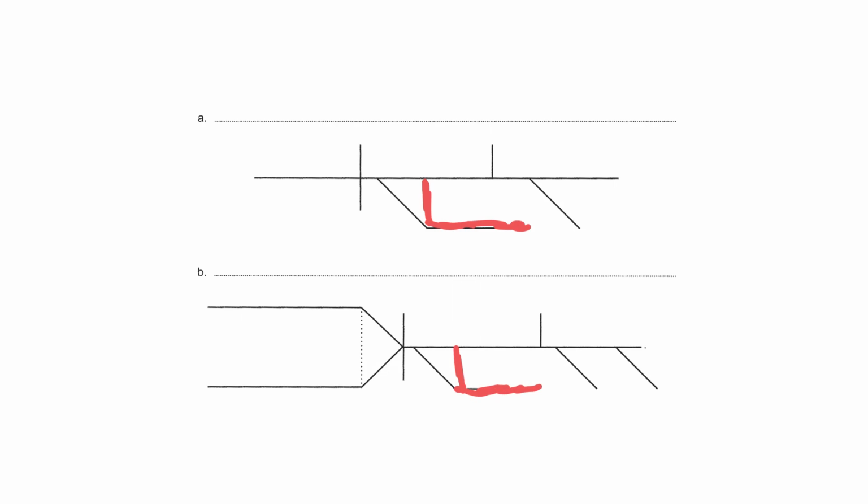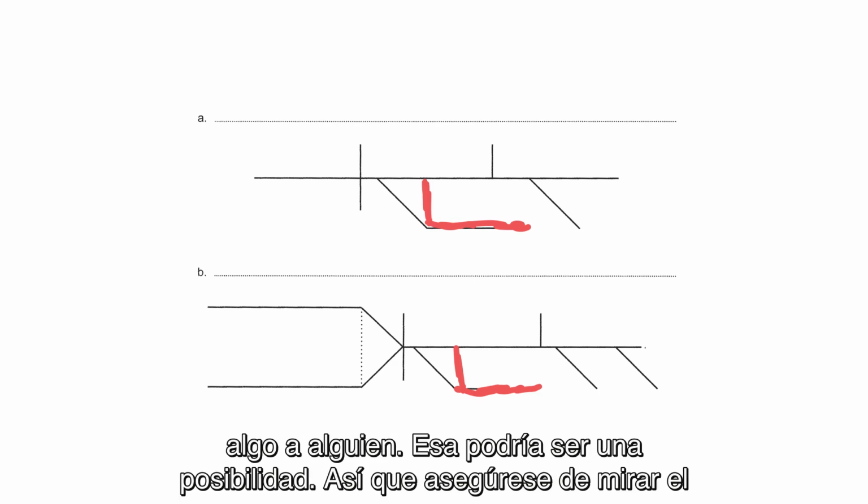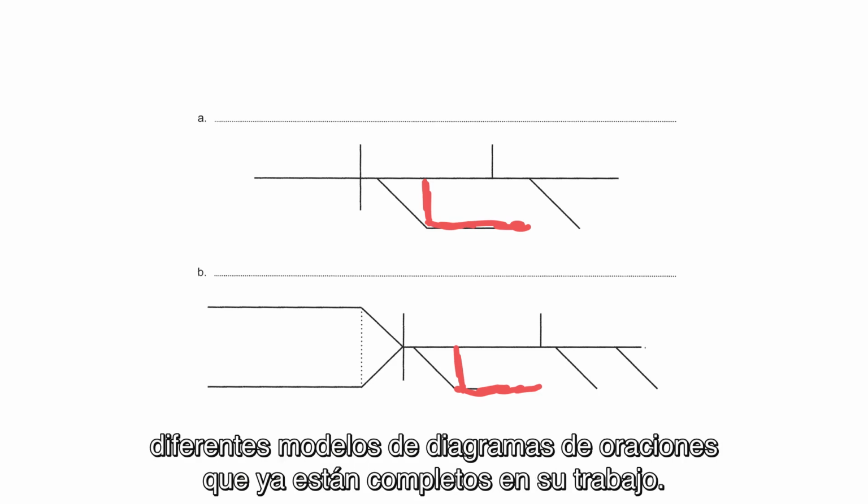So you need to choose verbs like gave, bought, threw, tossed, passed, lent, sent, or told. Something like that. So you'll have your simple subject tell something to someone. That could be a possibility. Make sure to look at the different sentence diagram models that are already filled out on your paper.